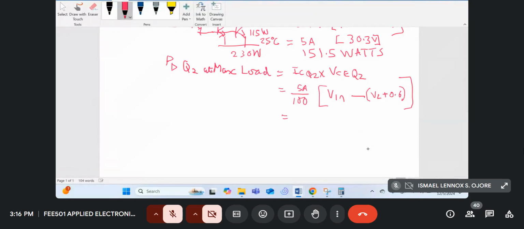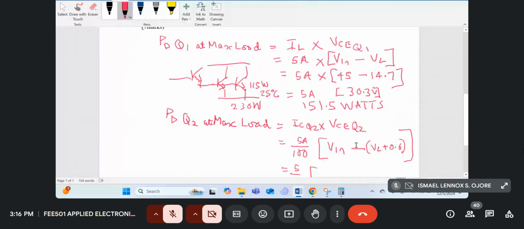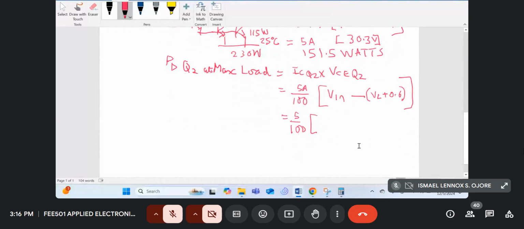So this will be 5 amps divided by 100 HFE into Vin. What was Vin? Was it 40? I'm forgetting it. 45. Vin is 45 minus VL 14.7 plus 0.6.